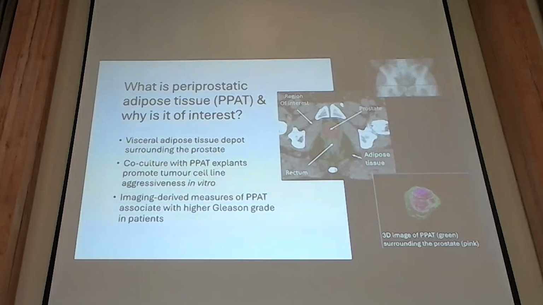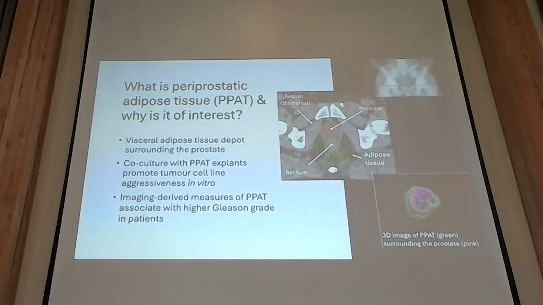I suppose there's been interest in studying periprostatic adipose tissue over the last decade. For example, a number of studies in the lab have co-cultured adipose tissue explants from, say, men undergoing surgery for prostate cancer, taking samples of that adipose tissue surrounding the prostate and co-culturing it with tumor cells in the lab, finding that it promotes tumor cell proliferation and aggressiveness in vitro.